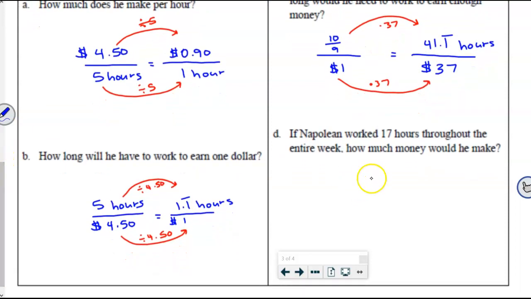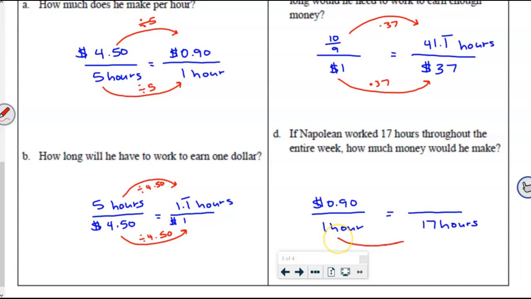And the final one, if Napoleon worked 17 hours throughout the entire week, how much money would he make? So again, starting at the end, that's 17 hours, which means I'm going to start back here with the unit rate that has 1 hour on the bottom. That 1 hour on the bottom means that we have our 90 cents on the top, $0.90.